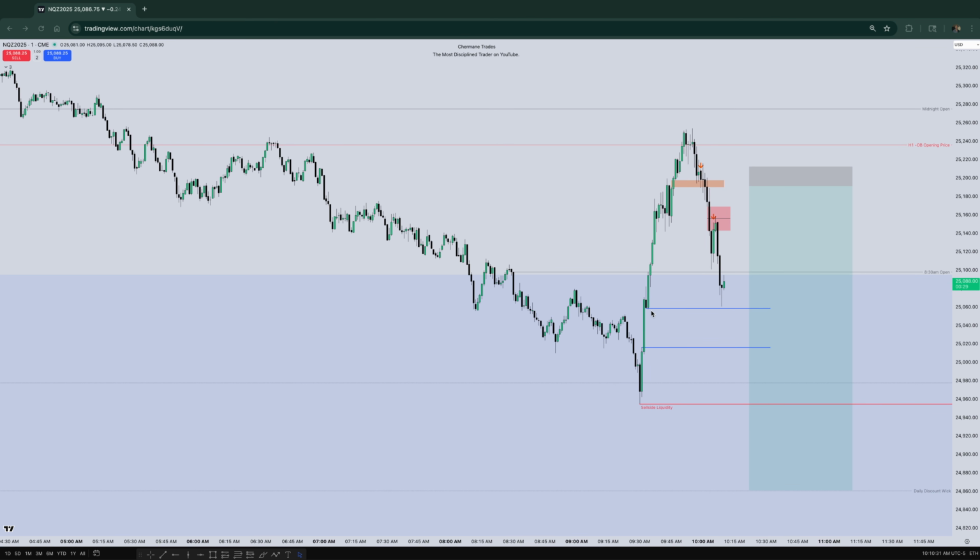ES has already traded inside of this fair value gap and completely overlapped it.